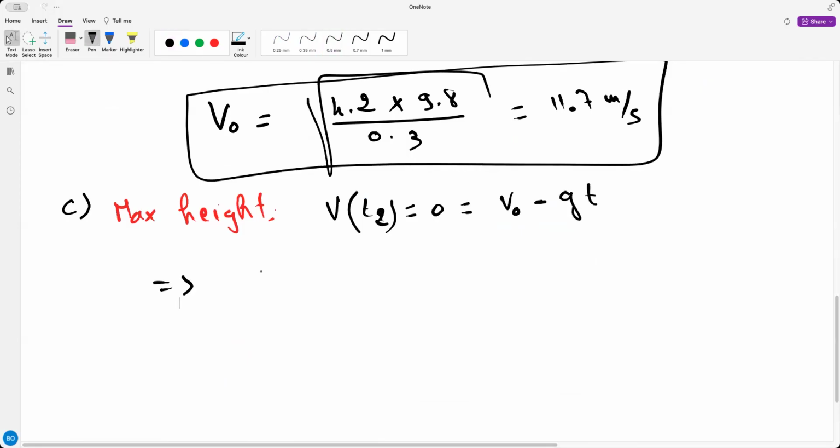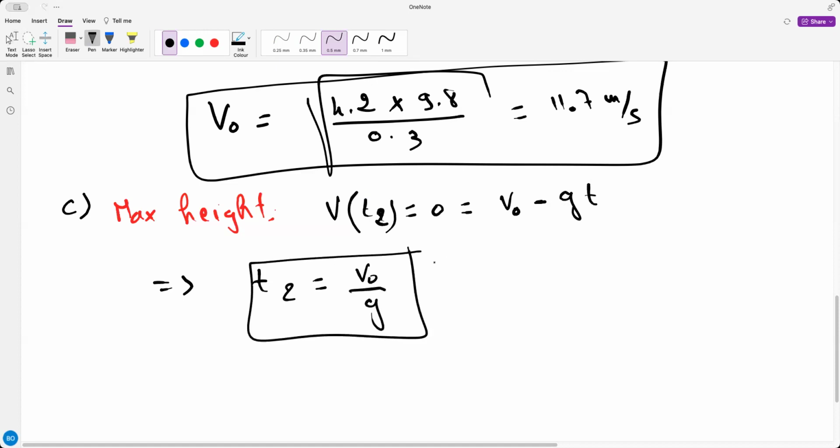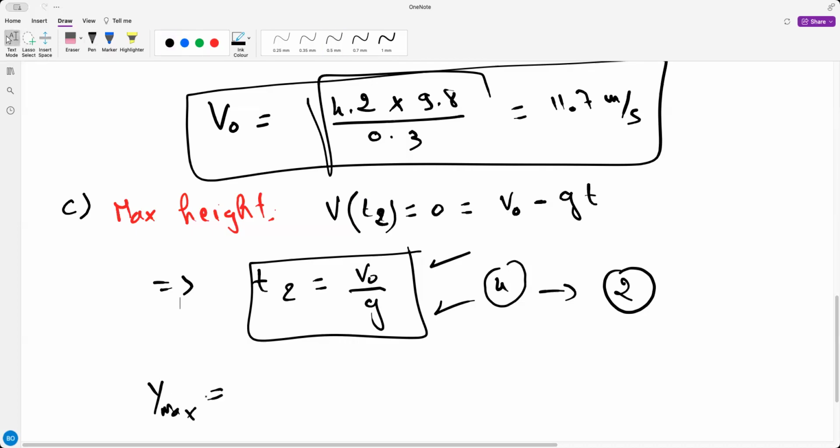This means that the time t2, or the time at maximum, is equal to v0 divided by g. We have v0 because we already found it, and we have g. This equation I will call equation 4. I will plug it into equation 2, the equation of motion of the position. So y max will be equal to v0 times t2 minus one half g t2 squared.